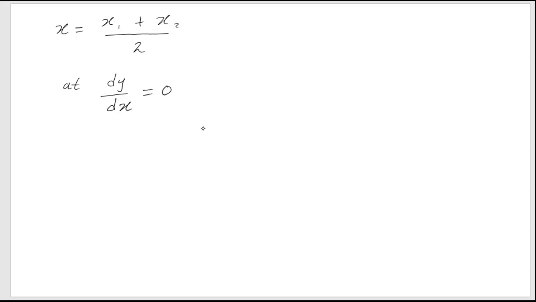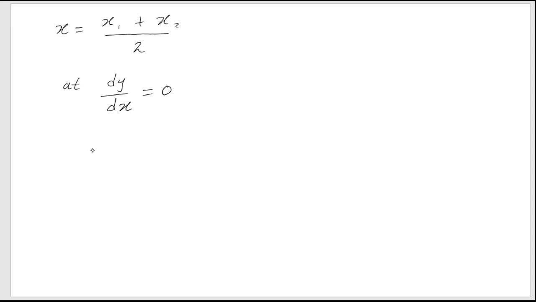We can actually do that. So these are the other ways you can find the equation of the line of symmetry or the x coordinate of the turning points.